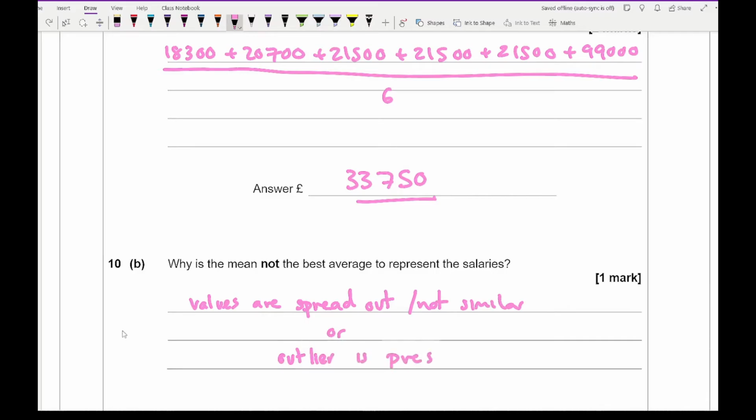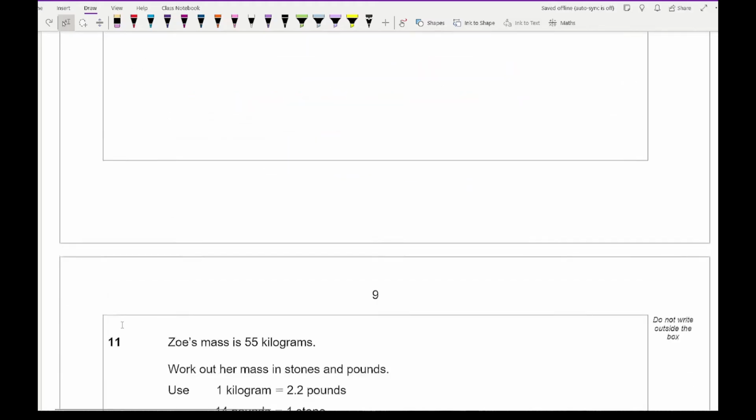If you've got an outlier in the data, it is going to mess up the mean. I would generally say this bottom answer is probably going to be better. Mentioning that 99,000 stands out, and that's going to skew or inflate the average salary, would be an absolute perfect answer for that 1 mark.